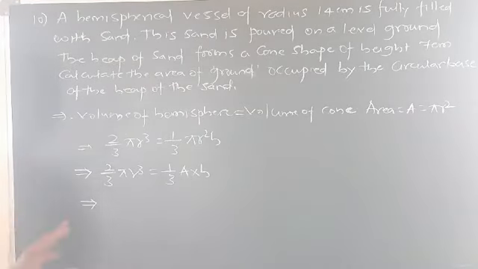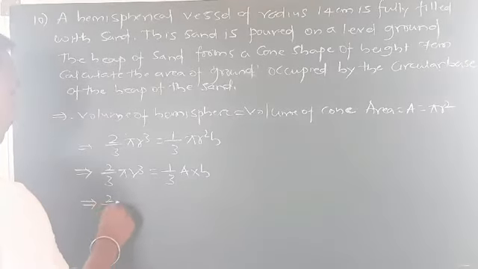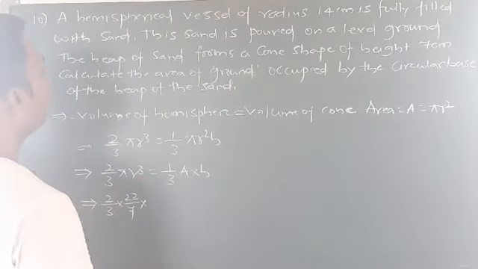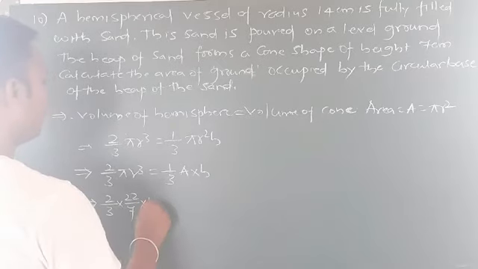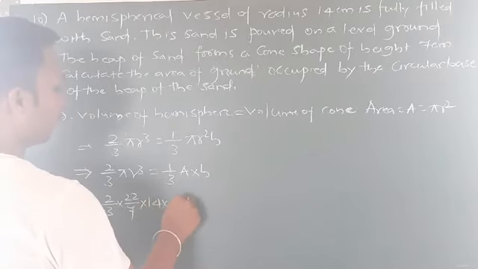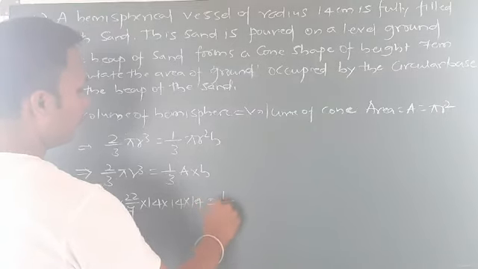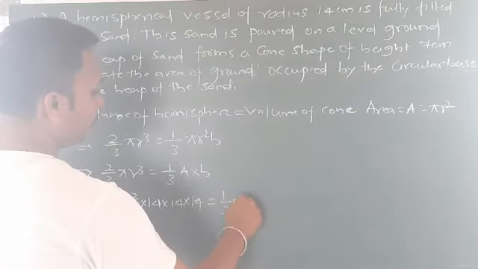Now we substitute the values here. So 2 by 3 into 22 by 7 into r cube. The radius of the hemispherical vessel is given as 14, so 14 into 14 into 14, is equal to 1 by 3 into A into h.